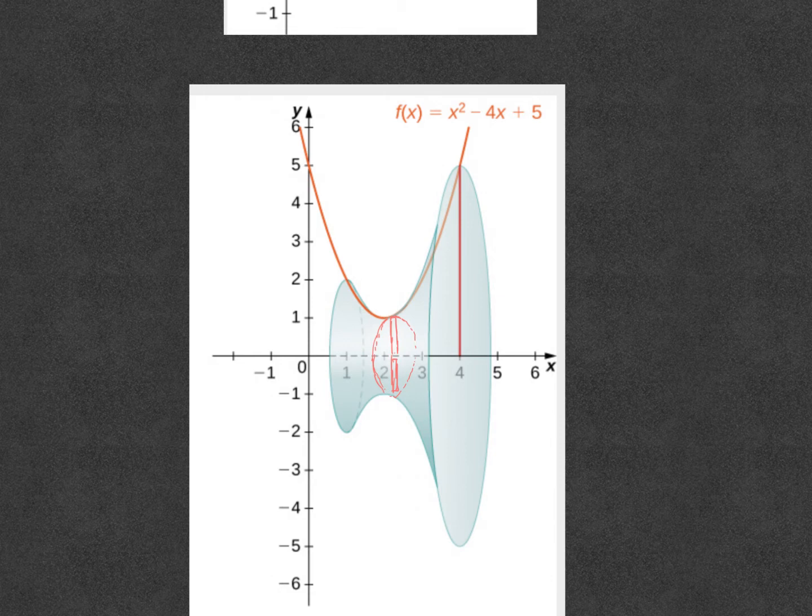We take the limit as n approaches infinity. So there's a lot of them, and they're all really thin. This is a really, really thin disk that I'm not very good at drawing, but I can visualize what that disk might look like as it spins around the x-axis.